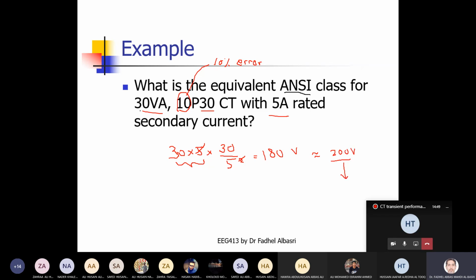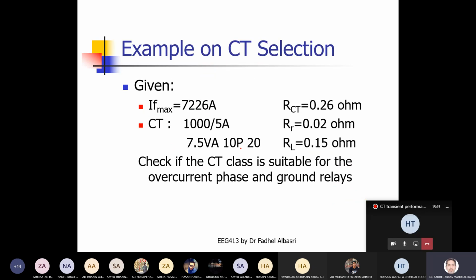And that means this is a C200, because in the C class in IEEE you have C100, C200, C400. This one.